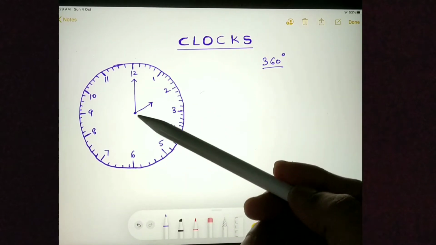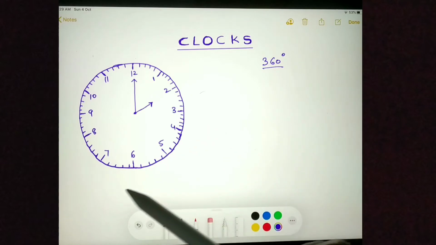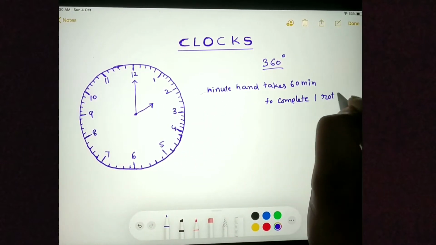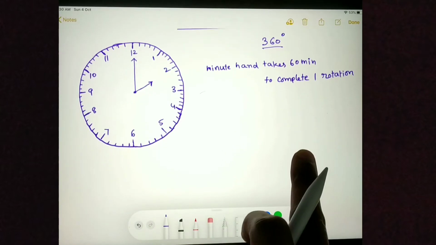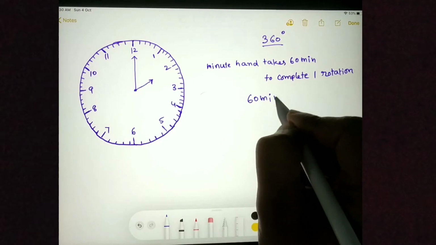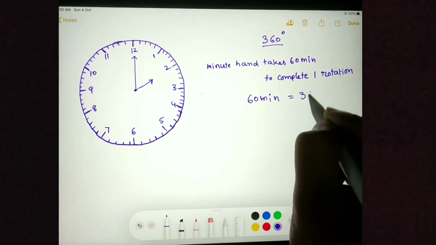Minute hand takes 60 minutes to complete one rotation. It means it takes 60 minutes to cover 360 degrees.